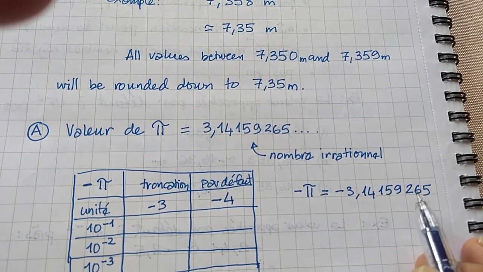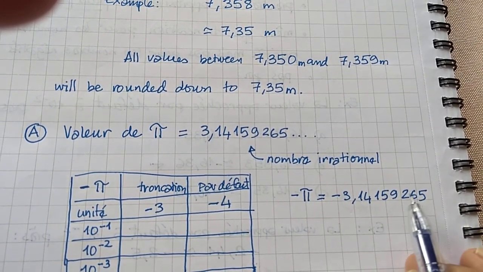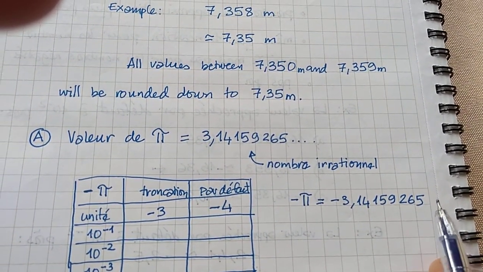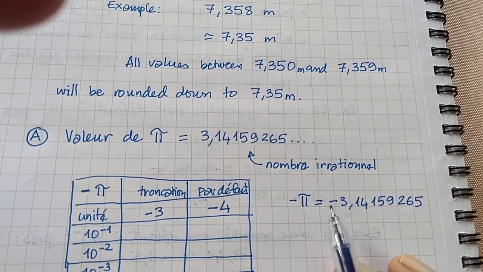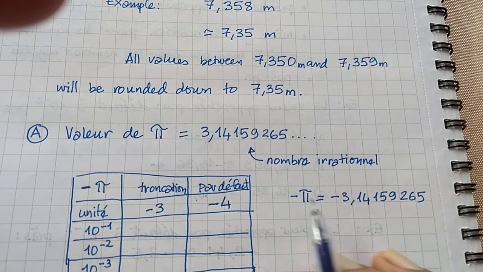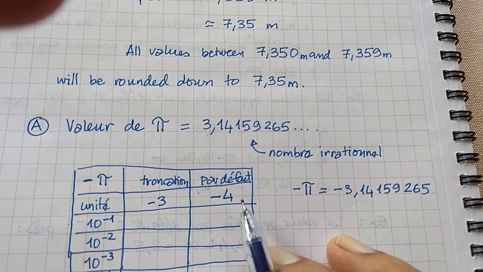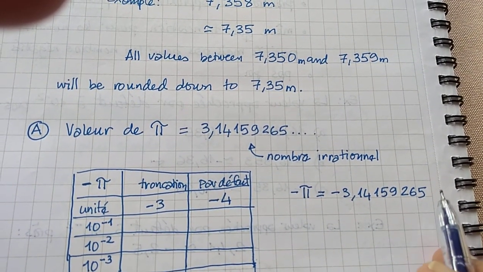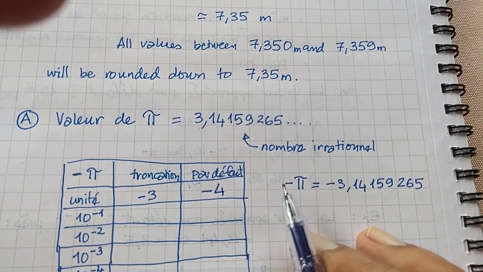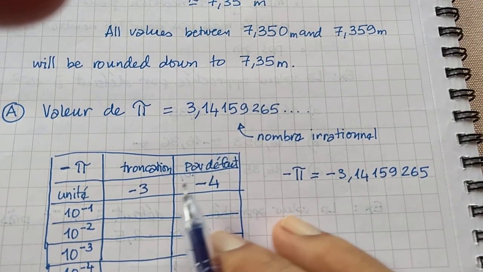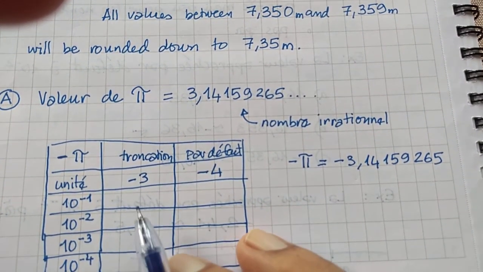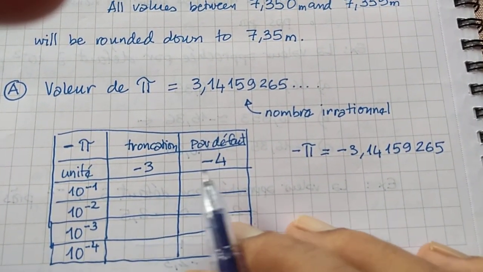So if you take this number and you say, quelle est la valeur rapprochée de ce nombre à l'unité près, the answer is minus 4, moins 4. Quelle est la valeur approchée par troncation de ce nombre à l'unité près? The answer is minus 3. So you have to fill in this table.